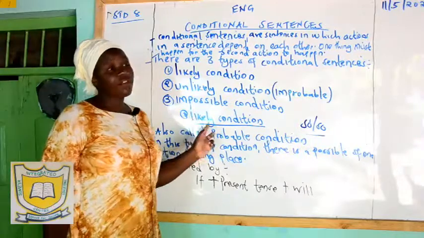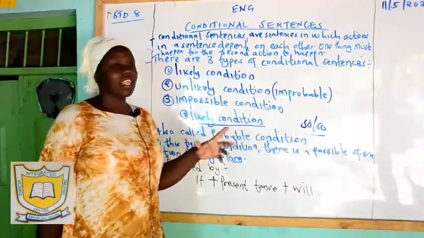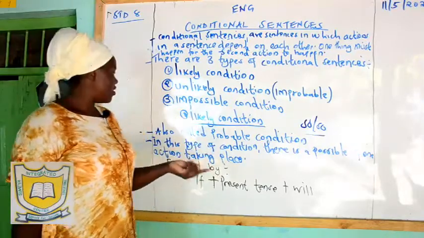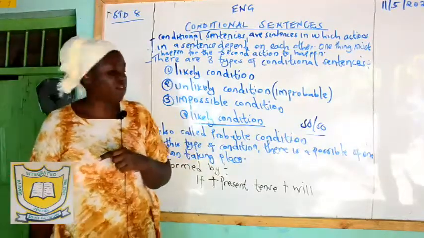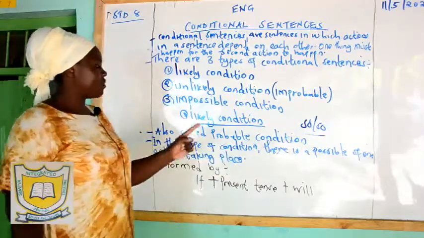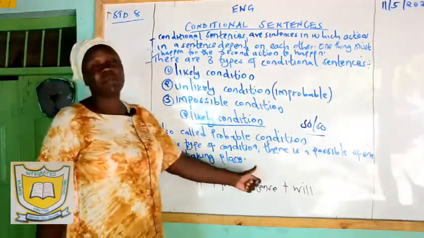So in the if clauses, the first conditional sentence is the likely condition, also called the probable condition. In this type of condition, there is a possibility of one action taking place.